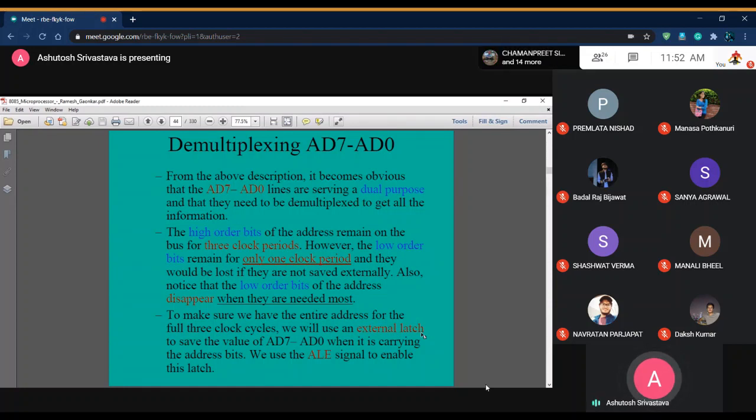One needs to have the whole entire address for the full 3 clock cycles, and for this reason an external latch is used to save the value of AD0 to AD7, whenever we are talking about the address, which is 16-bit.